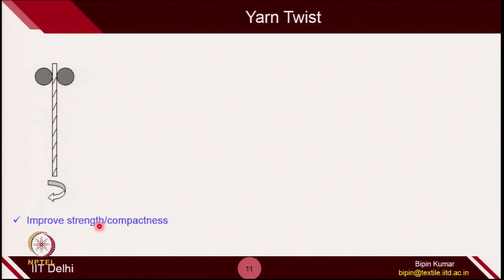From the knitting point of view, twist is extremely important, because if you use highly twisted yarn, there might be a possibility that it may not bend properly and the loop geometry will be distorted. So, twist as well as count is extremely critical and it should be in a certain range, so that it can run smoothly on the machine.